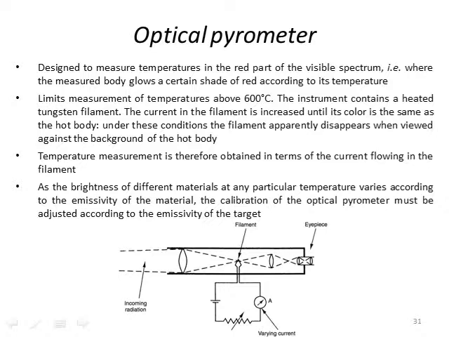So the detector is looking at a hot object, which will have a certain color, and then there's a voltage source that's running current through a filament, just like an incandescent bulb. And there's a detector that looks at the color of the filament bulb, and it matches the color of the filament with the color of the object that's warm.